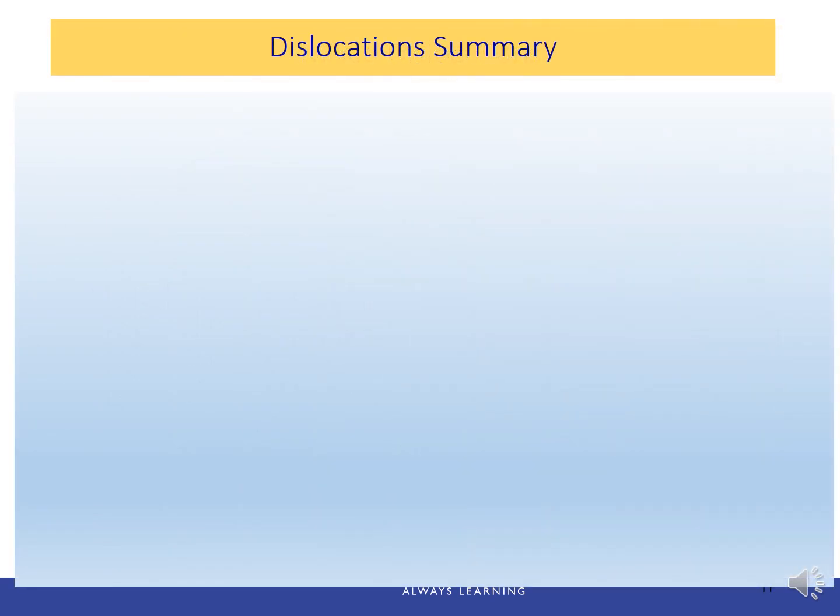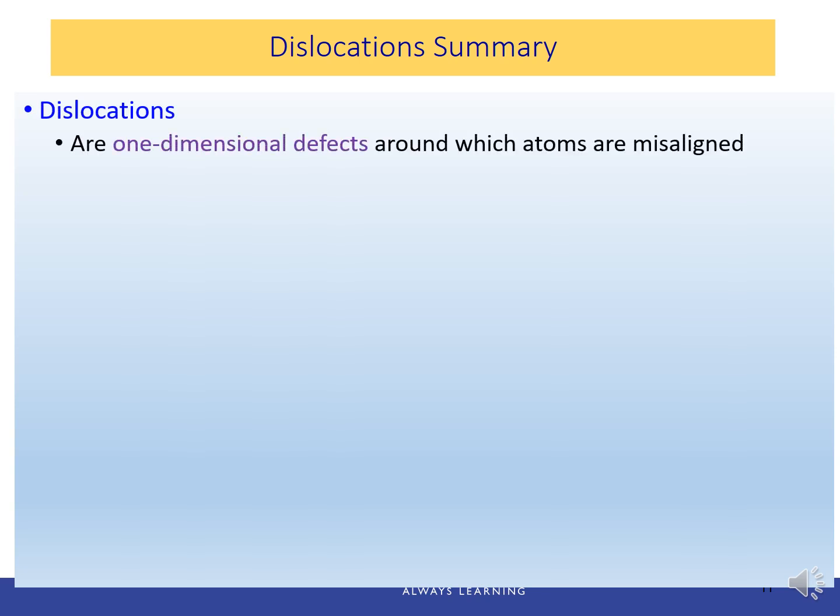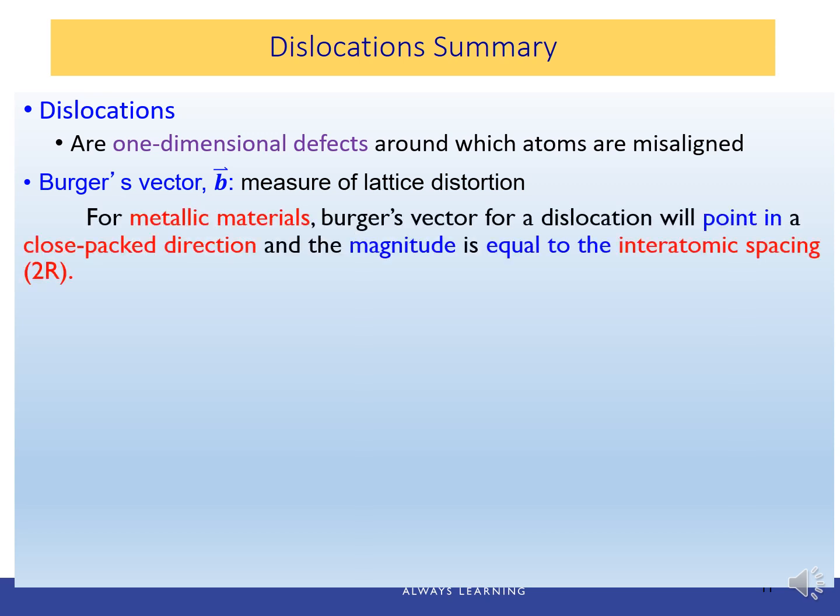Let's summarize dislocations. Dislocations are one-dimensional defects around which atoms are misaligned, and we use Burgers vector b to measure the magnitude and direction of the distortion around dislocations. For metallic materials, the Burgers vector for a dislocation will point in a close-packed direction.